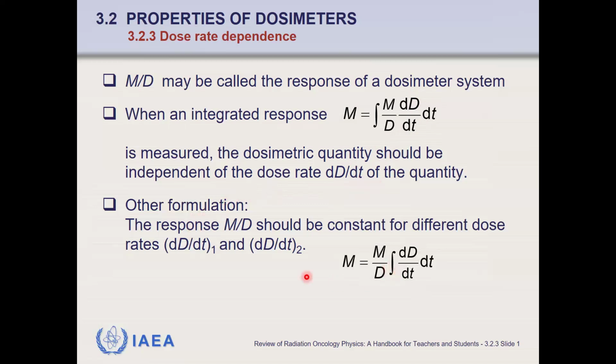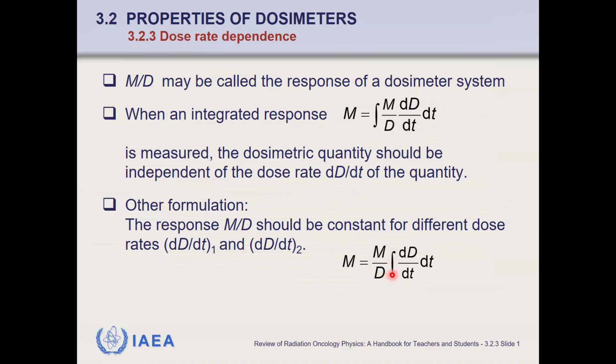Here we can see another formulation. So the response M over D should be constant for different dose rates, dD over dt1 and dD over dt2. The response M over D should be constant. So we can move M over D outside the integral.